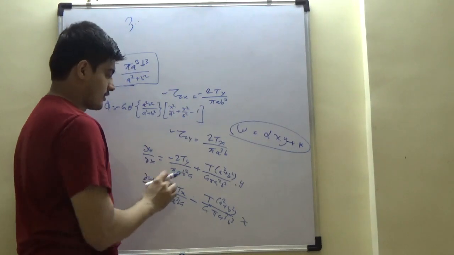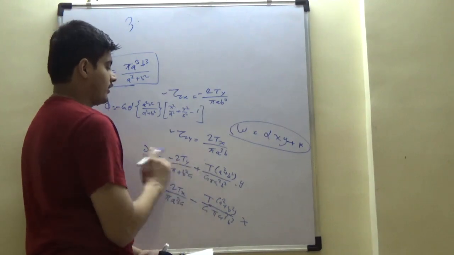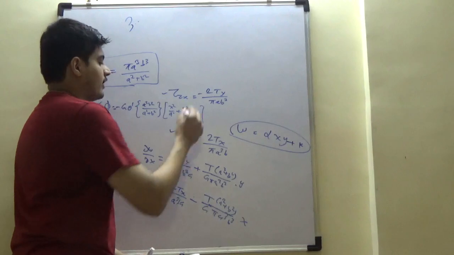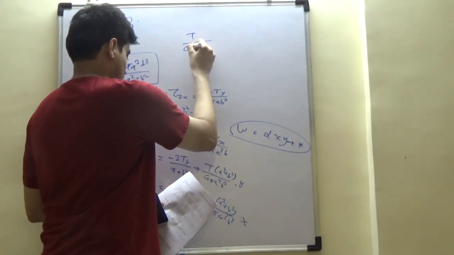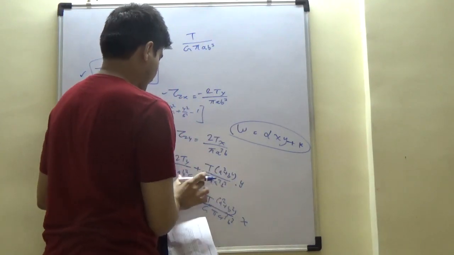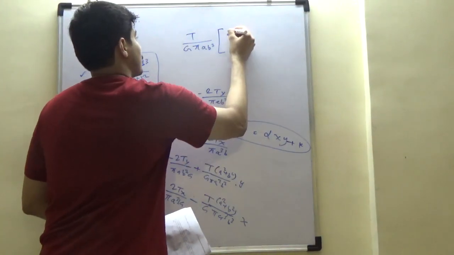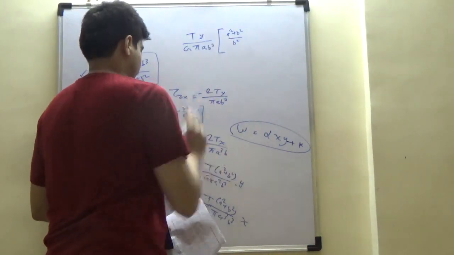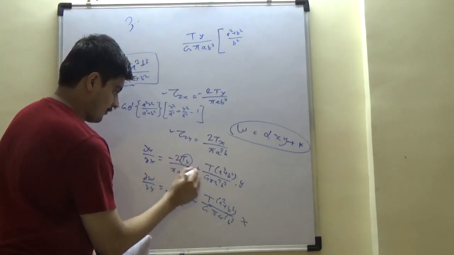If I integrate this, I have to take this out. So what we are saying is T by G pi A B cube will come out, a square plus b square upon b square. Y will also come out. So T y, I am taking out everything.